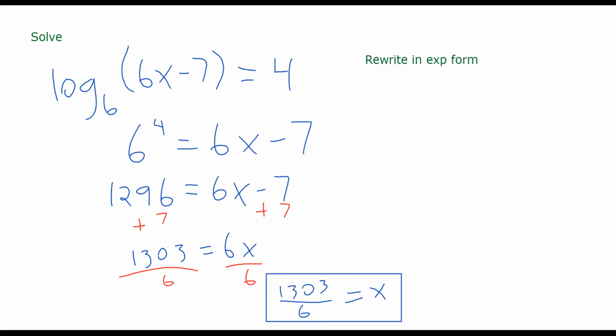So that's one possible thing you might be asked to do. You might be asked to solve something that looks like that. And in this case, the solution came if we just rewrote it into exponential form.